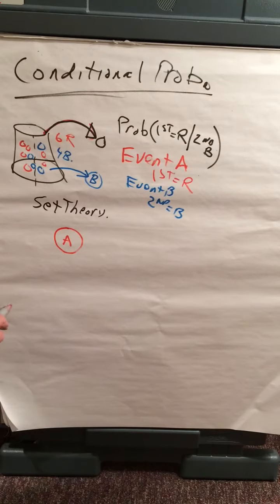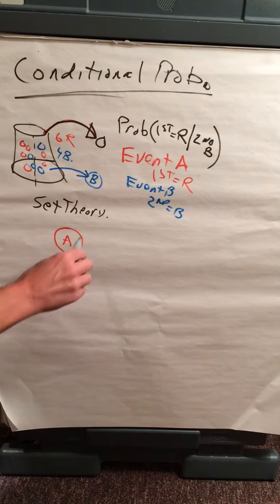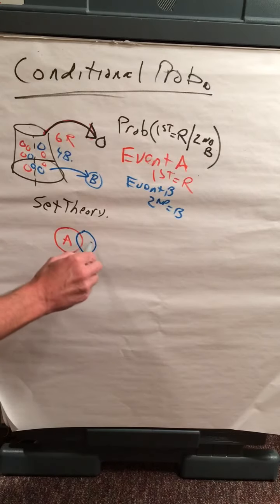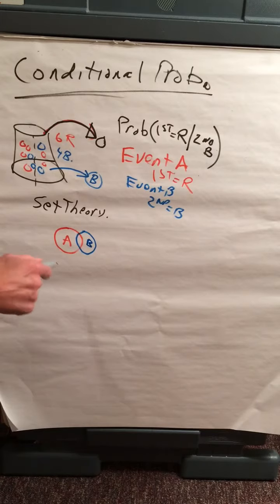So event A is, the event is it's going to be red, but that has a probability with it because it has a lot of outcomes. So now that's event A, and event B is the second ball is blue. So the second ball is either going to be blue or not.